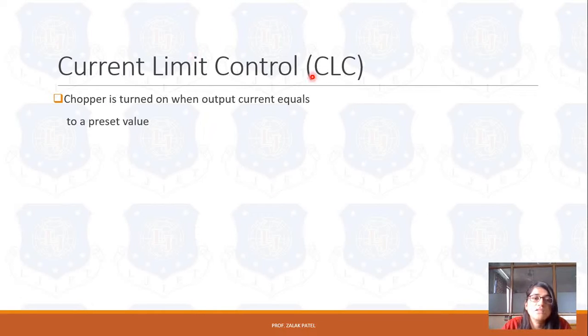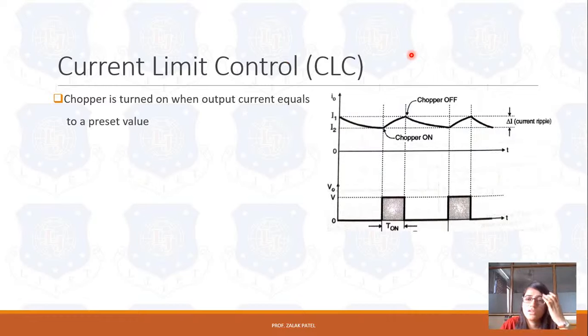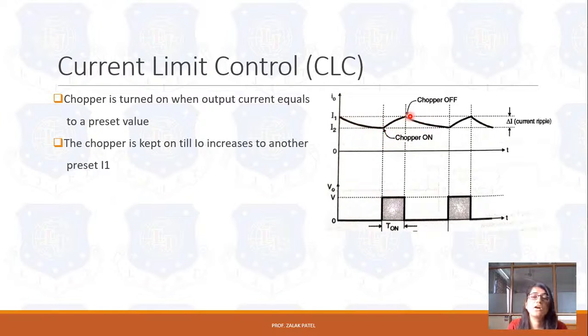So this is how in current limit control some preset value is set. If you see the waveform, when it reaches the I1 level, the chopper will remain on, and it does not go to the off level until it reaches another preset value other than I1.